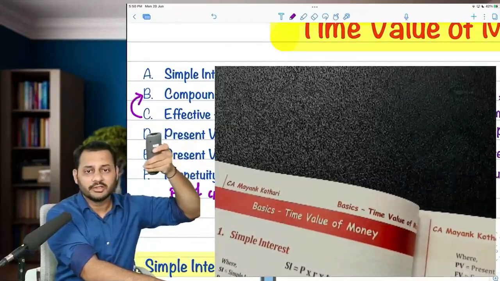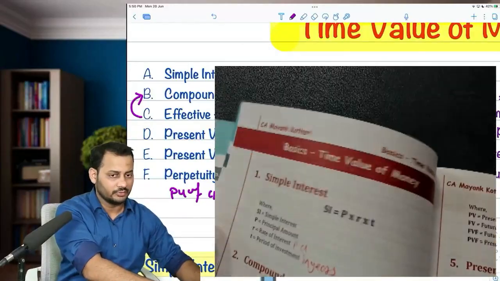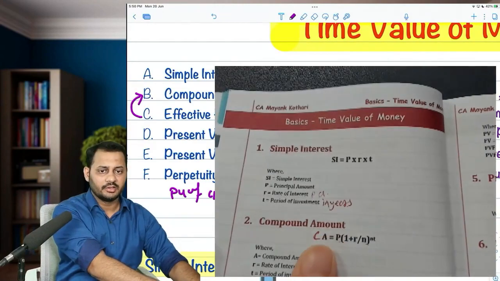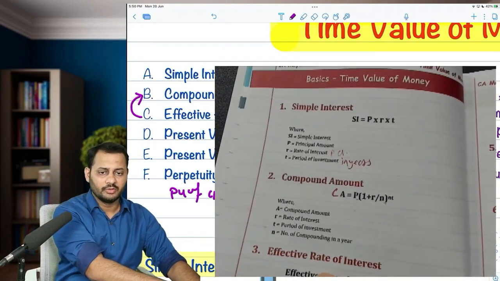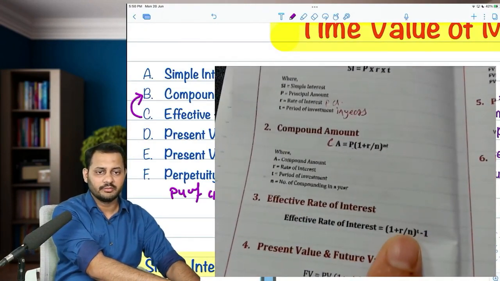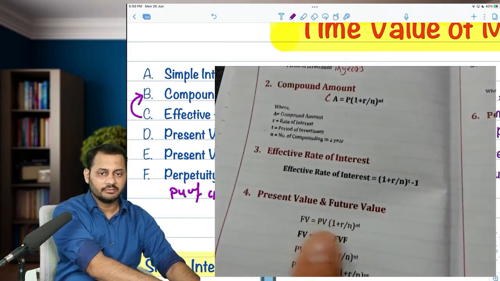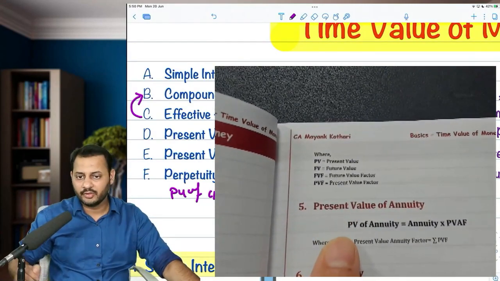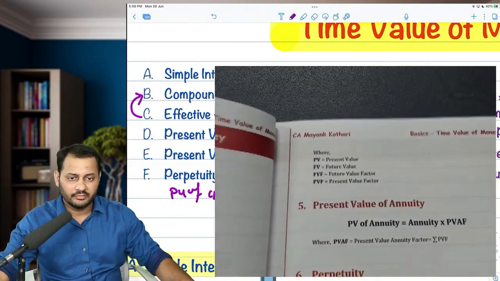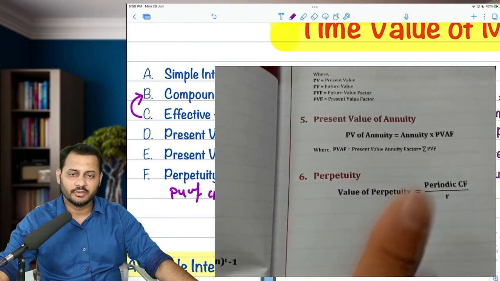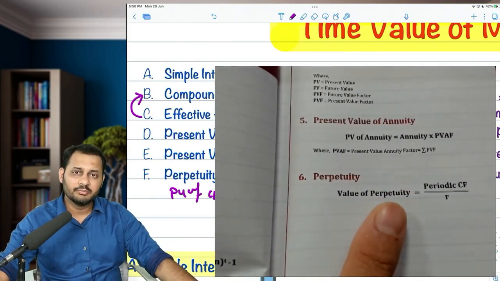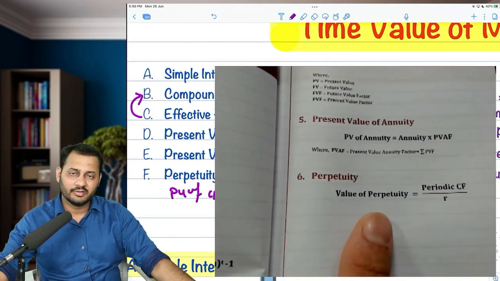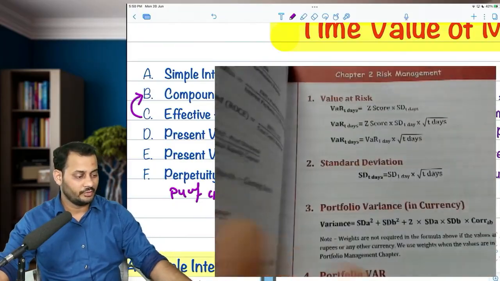Simple interest, SI is P into R into T. Then comes the compound amount formula, effective rate of interest, (1 plus R divided by N) to the power T, minus 1. Present value, future value formula. Then present value of annuity is equal to annuity into present value annuity factor. Then perpetuity, periodic cash flows divided by the rate of interest. Okay, the variables may vary, like the names may vary in different reference books, but the concept is the same. So you should understand that.